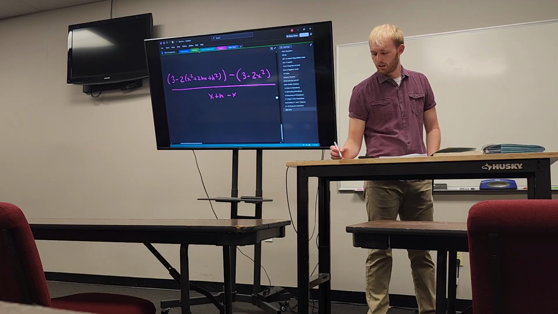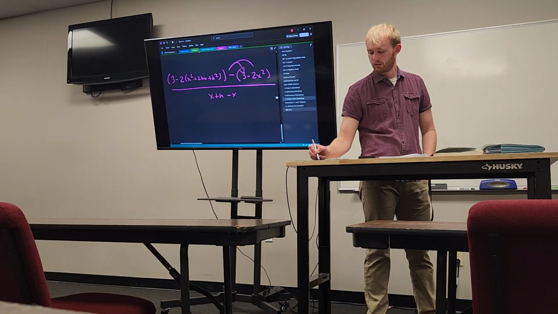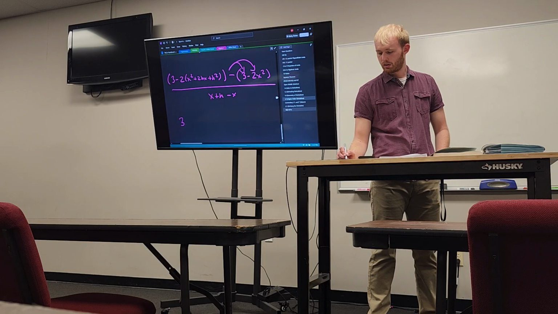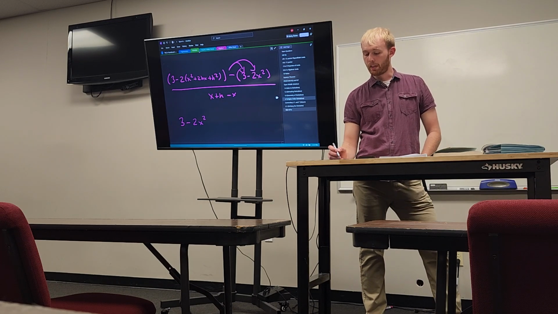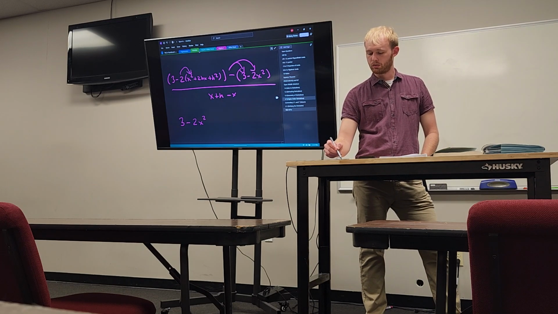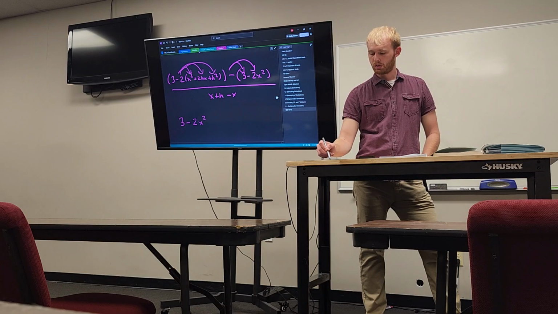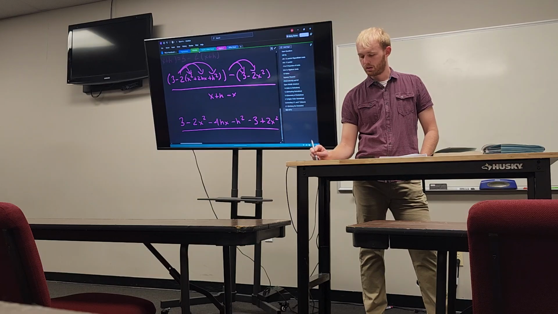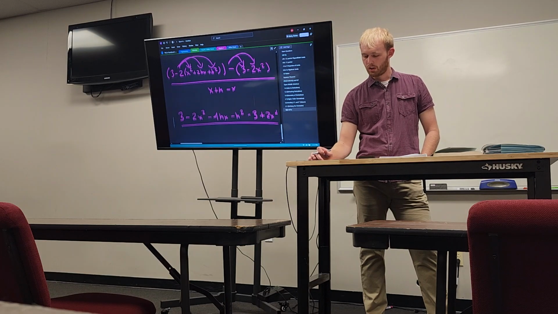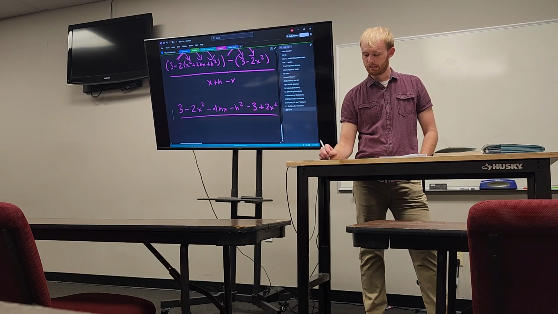Yep. So distribute this negative. So negative 3 plus 2x squared. And then I'm actually also going to distribute this negative 2. So it'd be 3 minus 2h squared. Good catch.